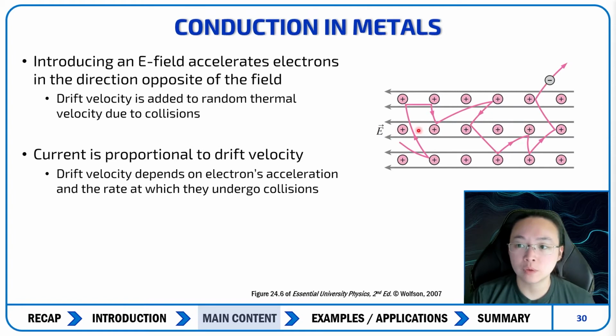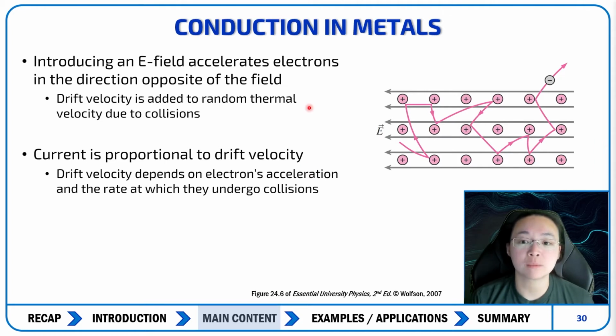Over here, we have a bunch of positive charges and we have a negative charge here. The assumption is that the negative charge bounces around all over the place. Introducing an electric field is going to accelerate electrons in the direction opposite of the field. So the electric field is going towards the left. Drift velocity is then going to be added to the random thermal velocity due to collisions.